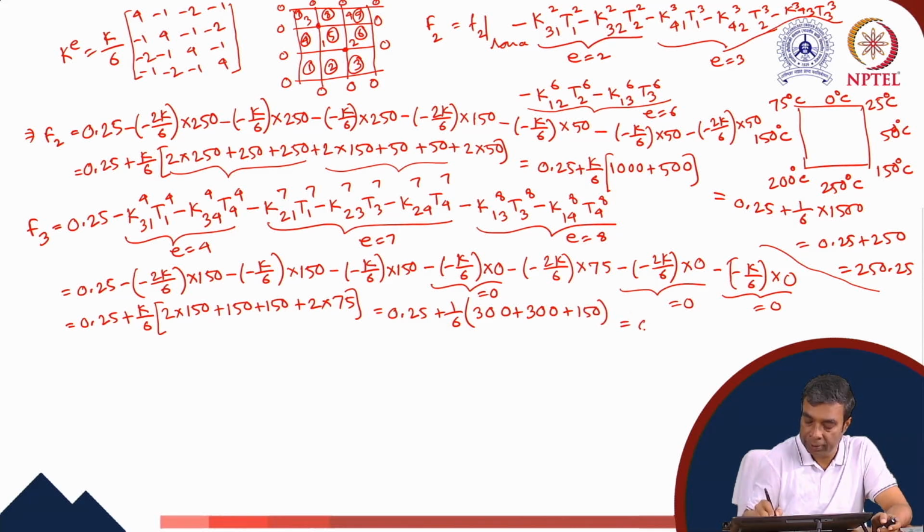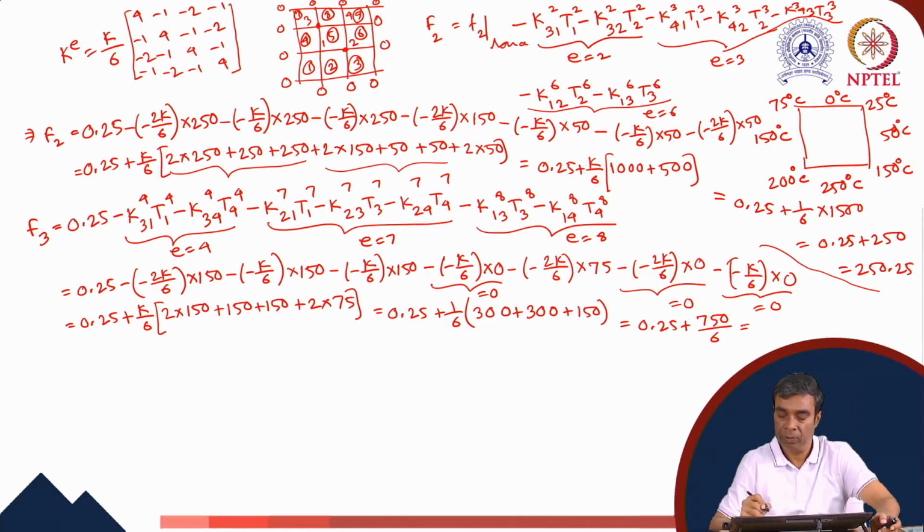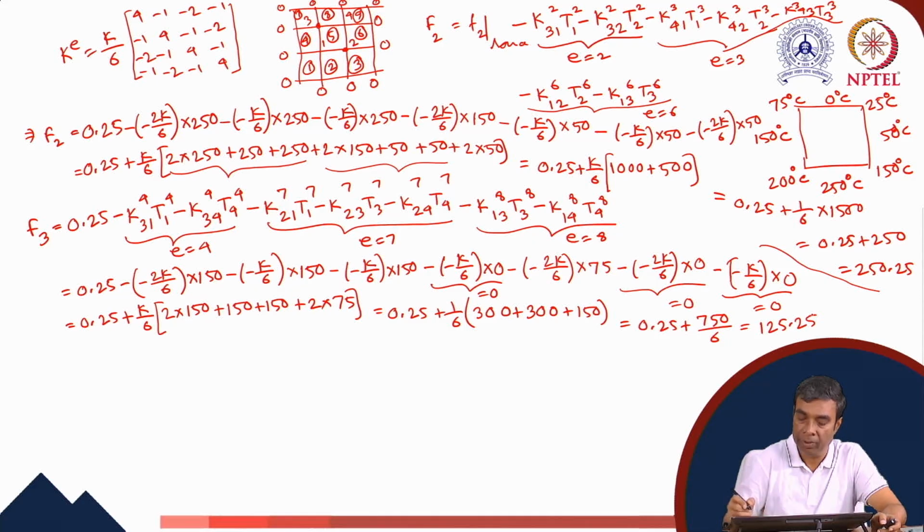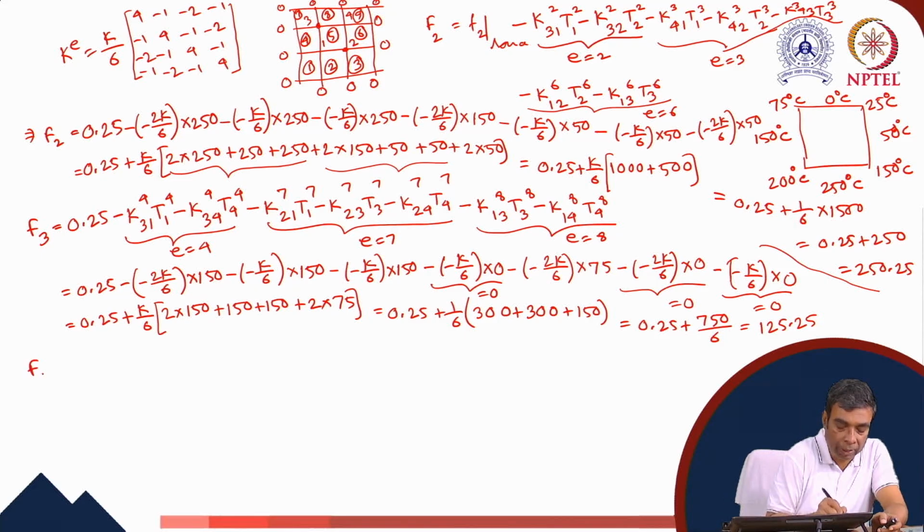So this is 0.25 plus 750 by 6. 750 by 6 is 125. So this is 125.25.